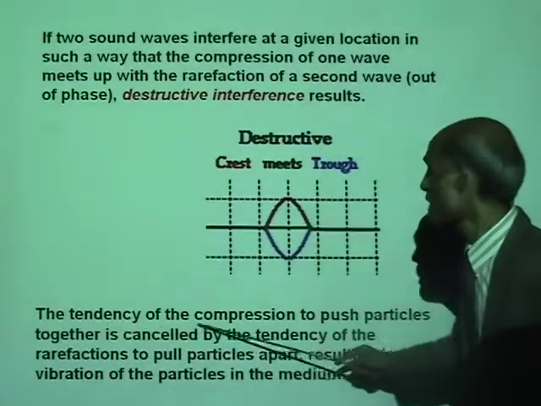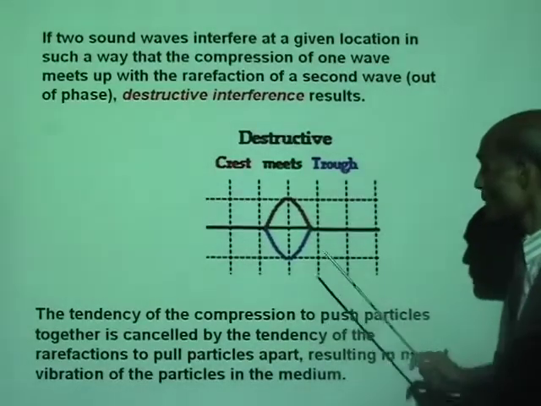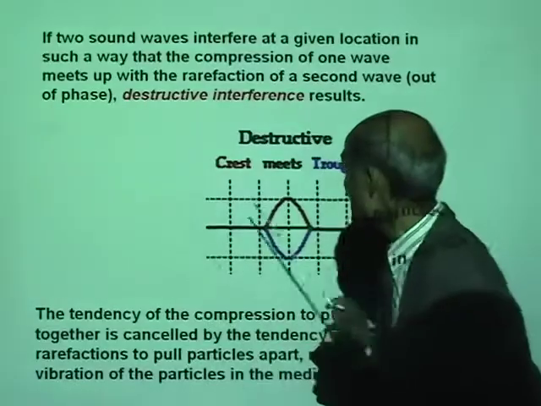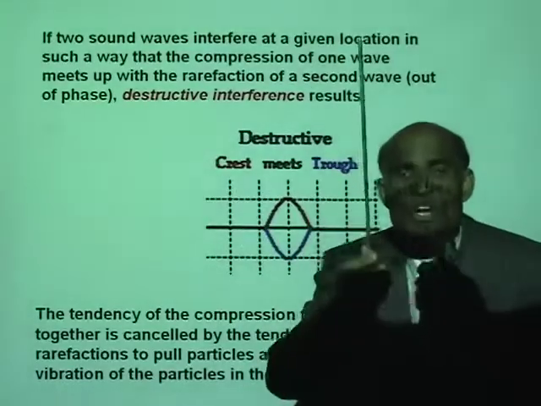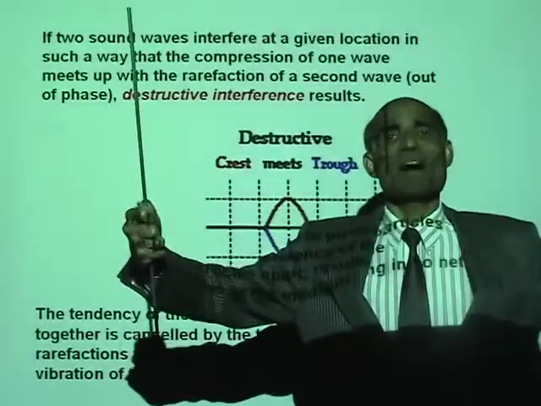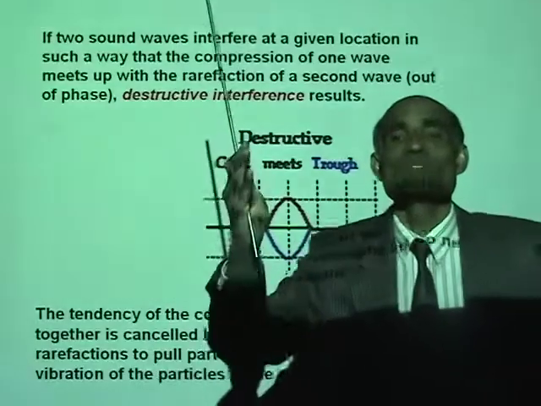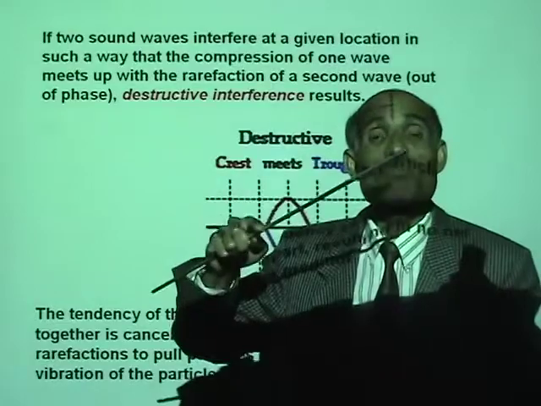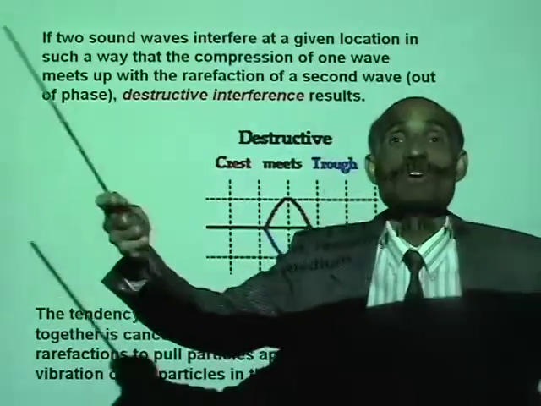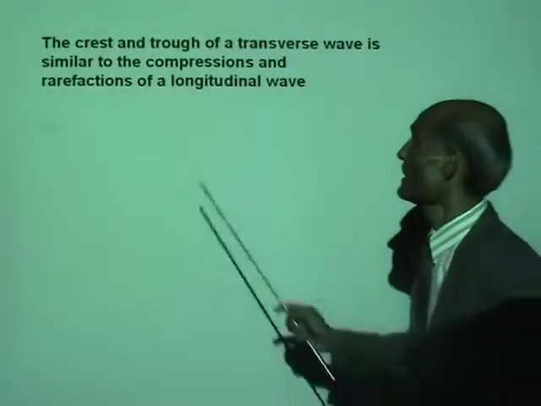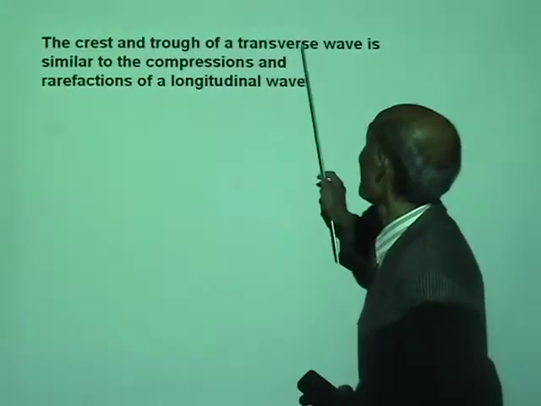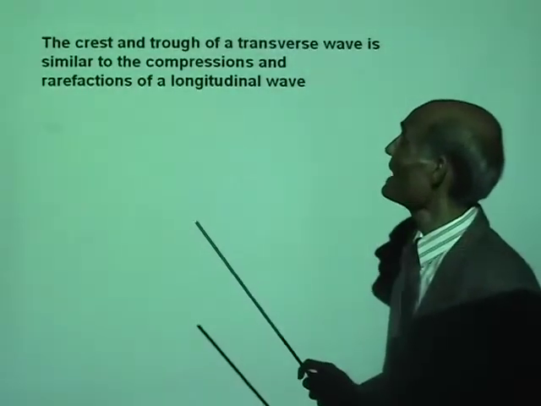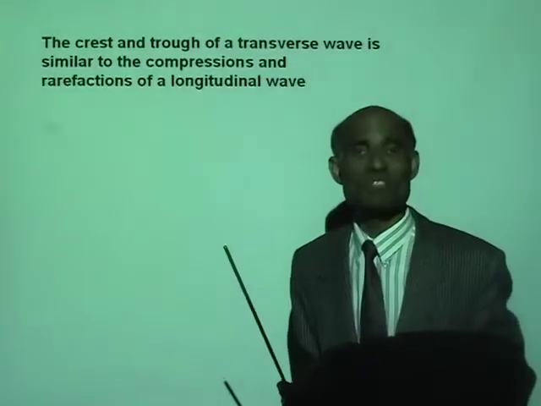The tendency of the compression is to push the particles together, and the tendency of a rarefaction is to pull them apart. That means if the compression and the rarefactions fall at the same place, their effect will be cancelled. The crest and trough of a transverse wave is similar to the compressions and rarefactions of a longitudinal wave.